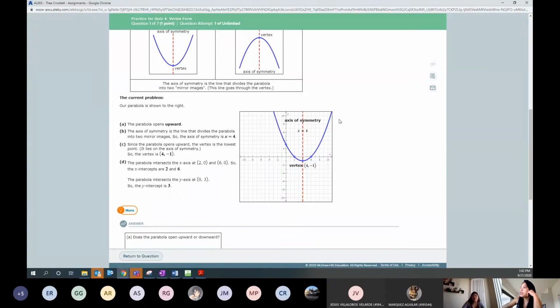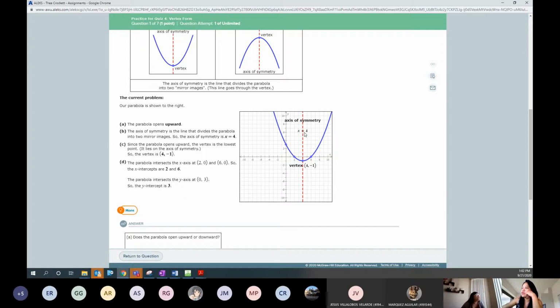So this particular question, this parabola is opening upward because the arrows are pointing up. The axis of symmetry is the line that divides the parabola into two mirror images. If you put a vertical line on the vertex, this line is going to pass through the x-axis, and that point, which is 4, is your axis of symmetry.